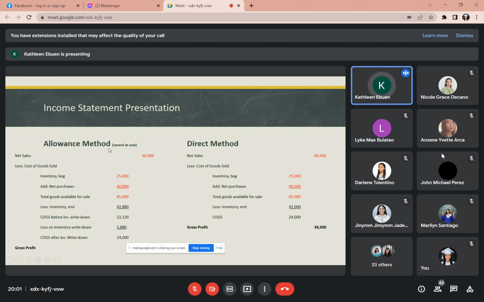Pero magkakaroon nga tayo ng adjusting entries, i-record natin yung loss on inventory write-down tsaka allowance for inventory write-down. Okay. Sa direct method, i-record natin siya at lower of cost and net realizable value. Therefore, tama na po yung cost of goods sold natin tsaka ending inventory. No need for the adjustment.